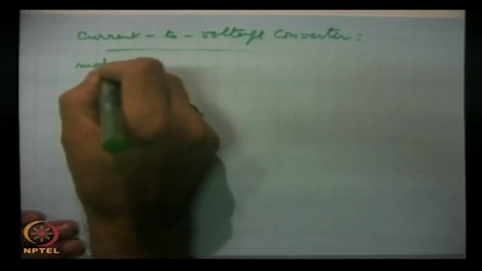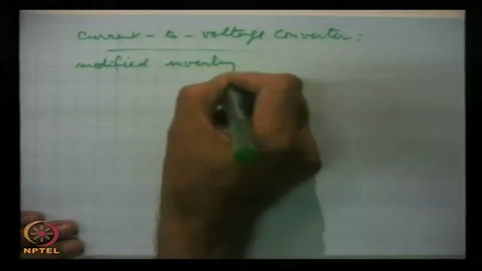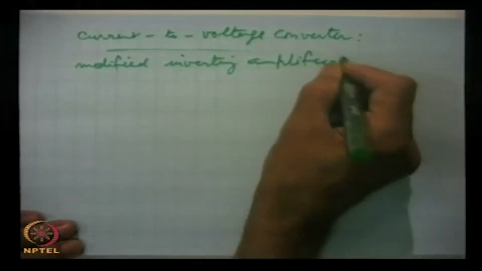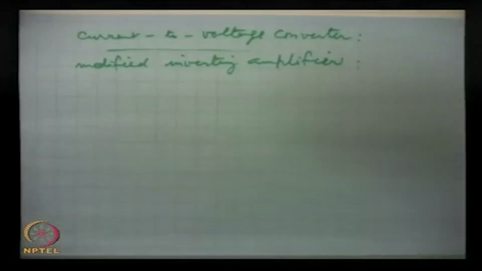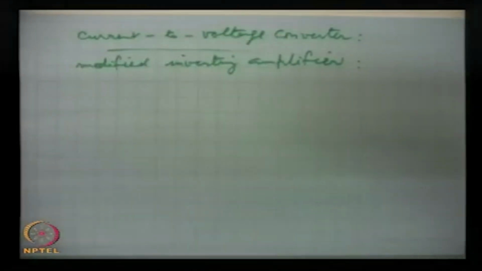This is a modification of the inverting amplifier, a modified inverting amplifier, which can work as a current to voltage converter. There are many situations where such kind of application will be required.